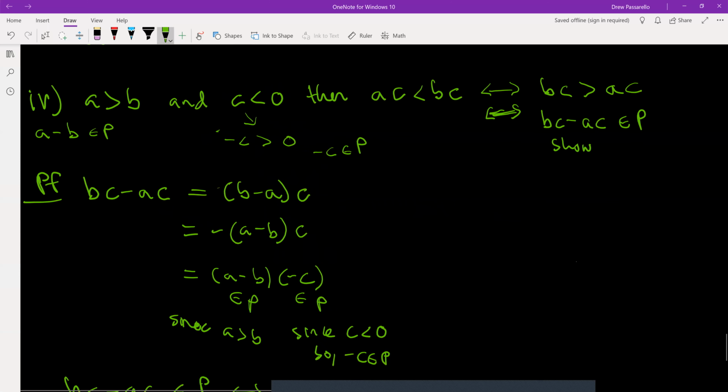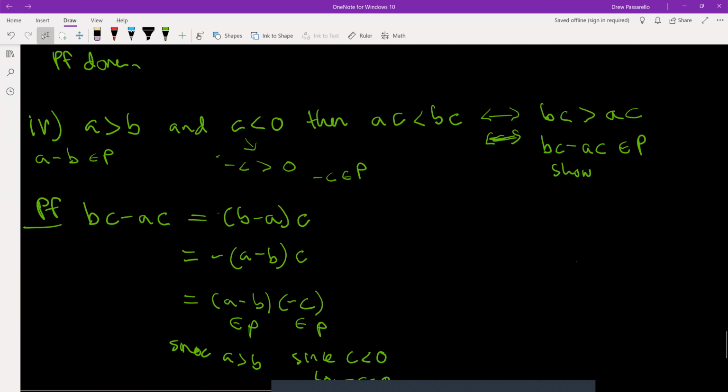All right, so that's the proof. I got a little tripped up there, my bad, but I factored out C, so that gave me B minus A times C. Now, I want to use the assumption that A is greater than B, right?